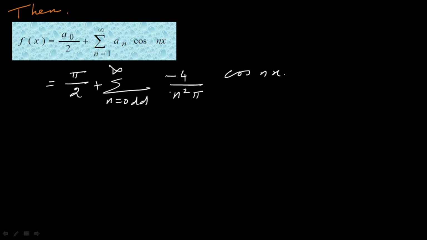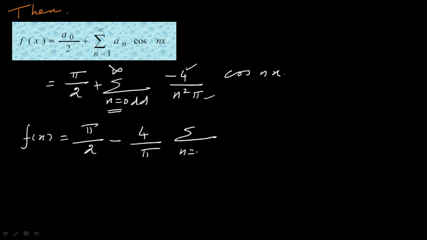Here minus 4 and pi are constants, so take them outside of the summation. So f of x is equal to pi divided by 2 minus 4 by pi sigma, where n takes, instead of writing odd values, you can write 1, 3, 5, etc. Both are equal. To infinity cos nx divided by n square.